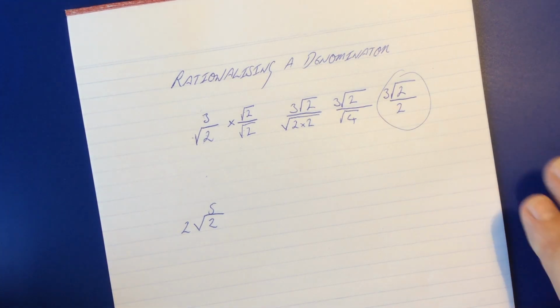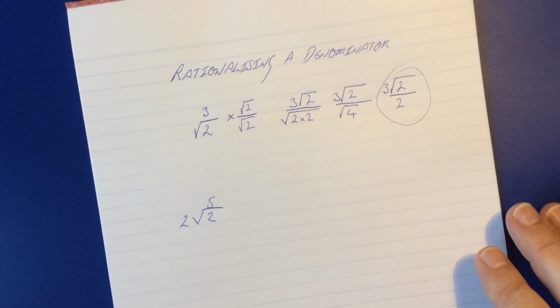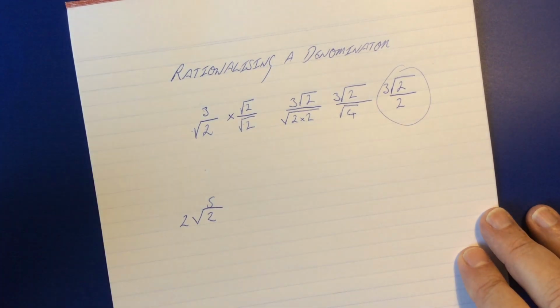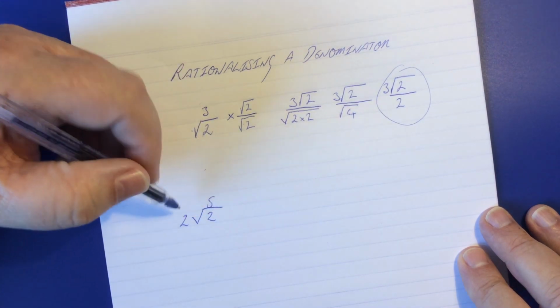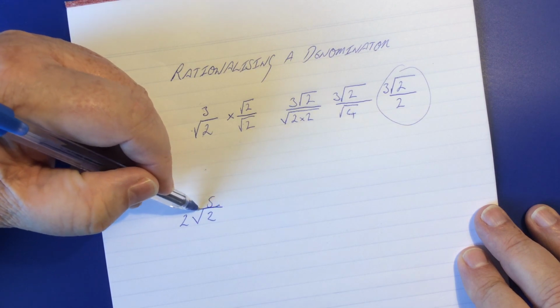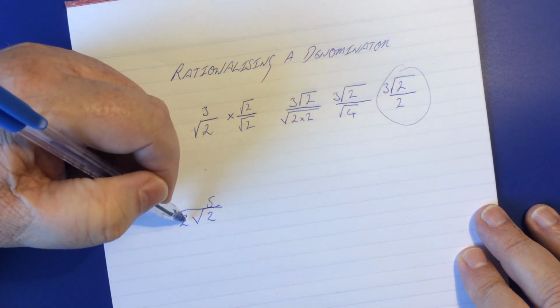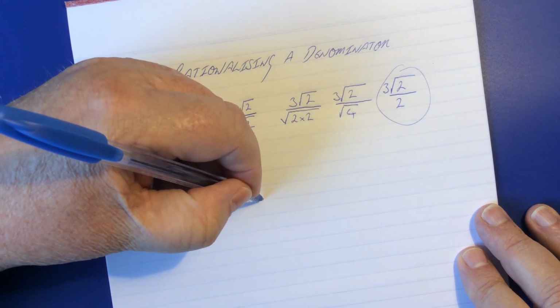Okay. Something a little more complicated. I'm going to do this the long way. There is a shortcut which I'll show you afterwards. Okay, so what I'm going to do, just for the sake of continuity, is take the whole denominator and multiply.